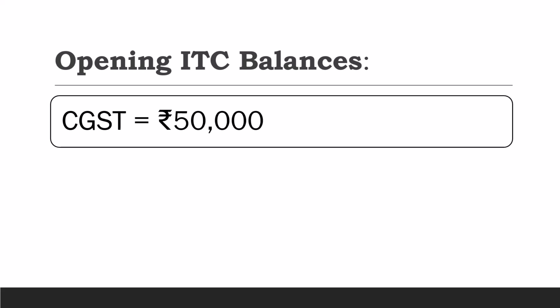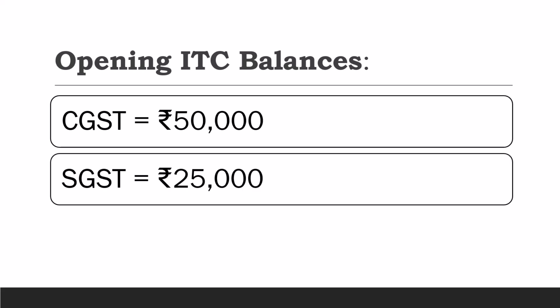Okay, fine. So step 3, now we have to set off the liability to minimize the cash payment. IGST liability is 72,000 for all the sales he has made, which is interstate. Now use the IGST credit, which is 78,000, to fully pay the IGST liability first.